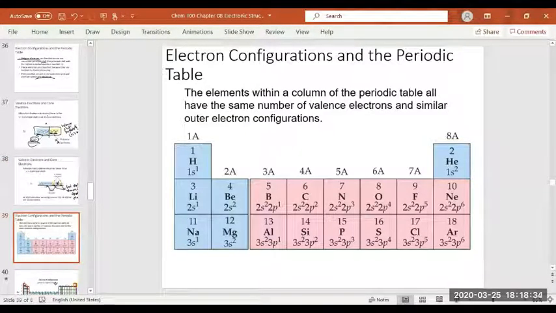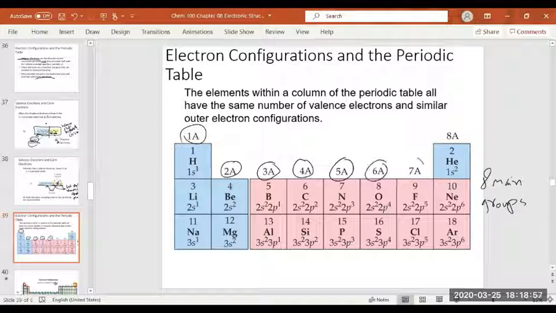Look here, guys. There is another way that you can figure out the valence electrons: from the number of the group. If you remember, previously we talked about the 8 main groups, each with a number and the letter A: 1A, 2A, 3A, 4A, 5A, 6A, 7A, 8A. Careful, guys.